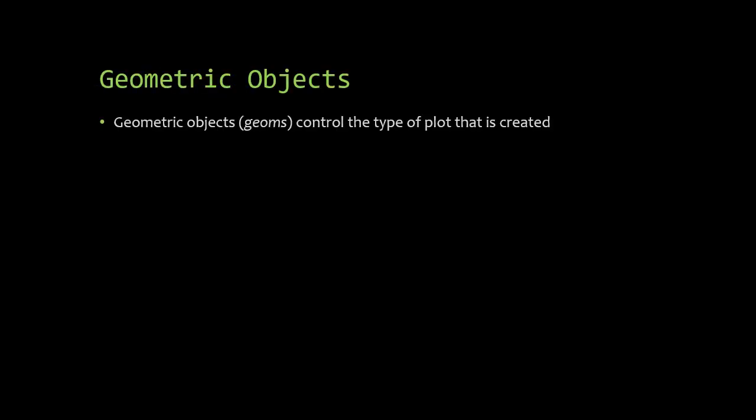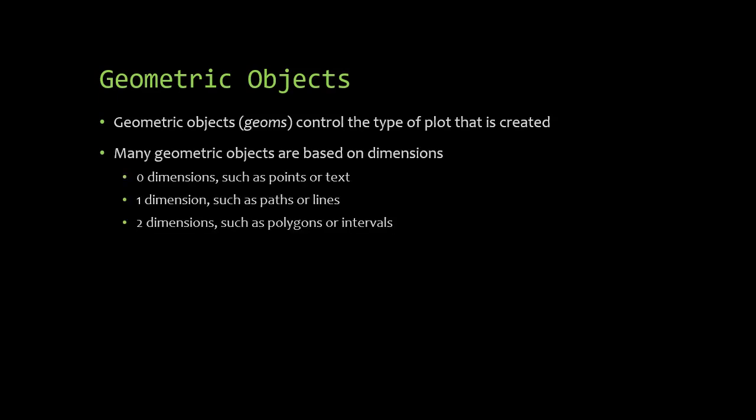Geometric objects, or geoms, control the type of plot that is created. Many geometric objects are based on dimensions. So if you're dealing with zero-dimension objects, you could have points or text. If you're dealing with one-dimensional objects, you can have paths or lines.